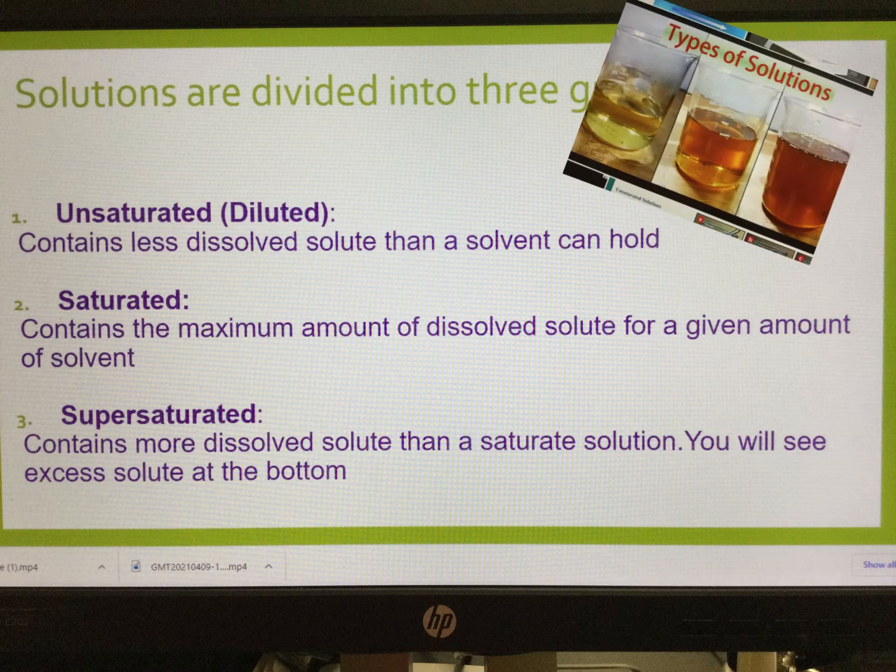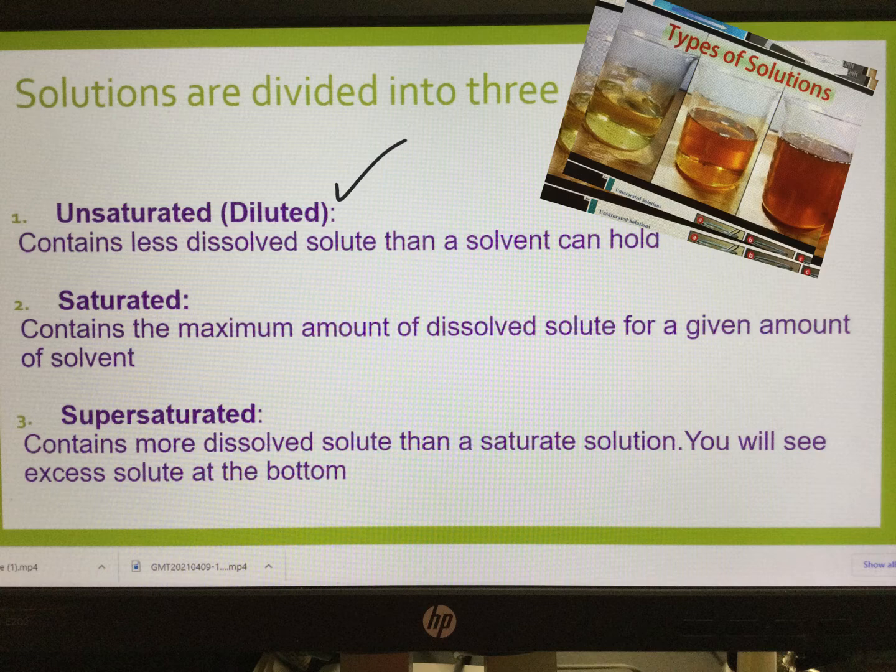Now, an unsaturated solution means that you can get some, let's say, sugar into water, and let's say you do a teaspoon. Okay, a teaspoon is going to be about 4 grams. And if you have a large beaker of water, you're going to have plenty of space to dissolve more sugar. That's an unsaturated solution.